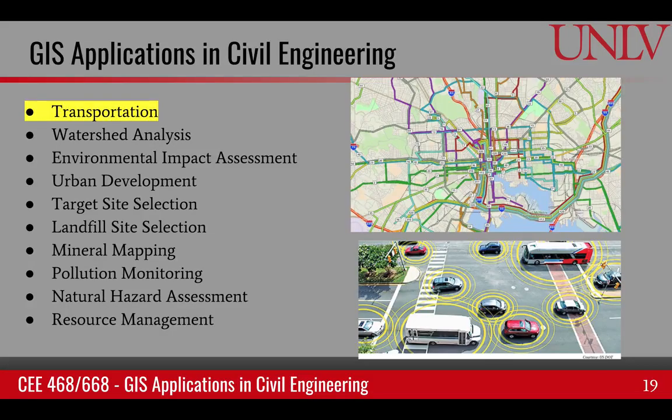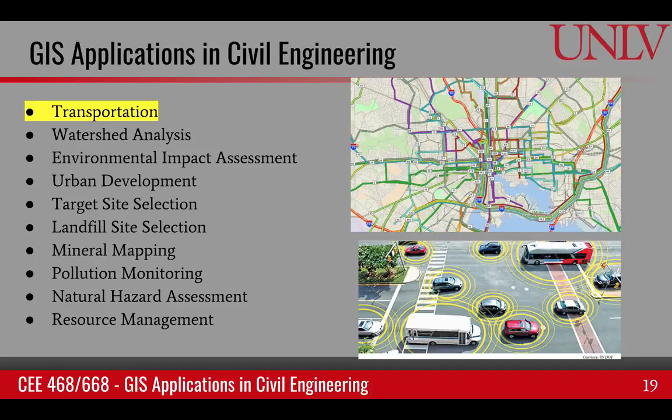So here are some examples in the civil engineering arena that are relevant to the applications of GIS. So first and foremost, transportation. Within the cities, we have a dense and complex network of roads, and roads have their characteristics.